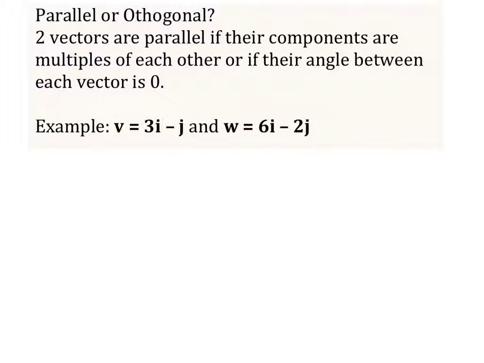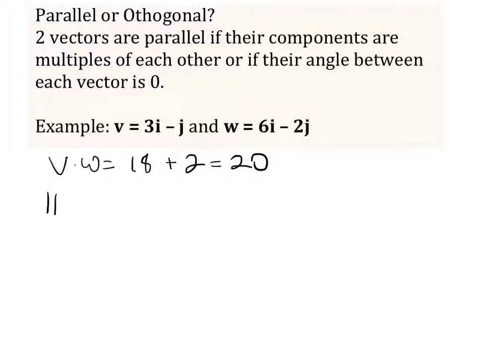But to go through the process, if the angle between them is 0, then they are also parallel, so we're going to do that. V dot W equals 18 plus 2, which equals 20, and 3 times 6 is 18, negative 1 times negative 2 is 2.